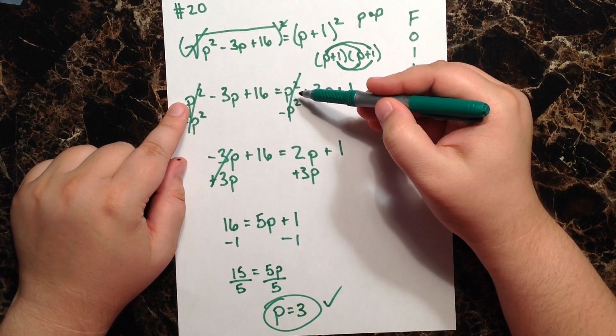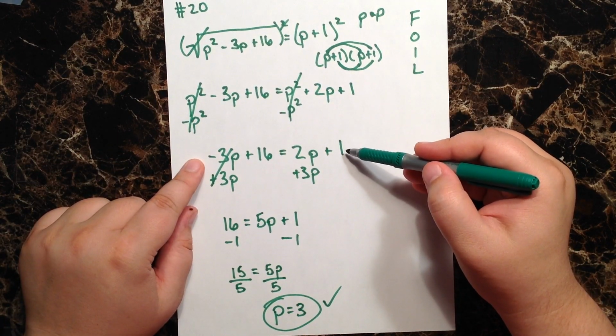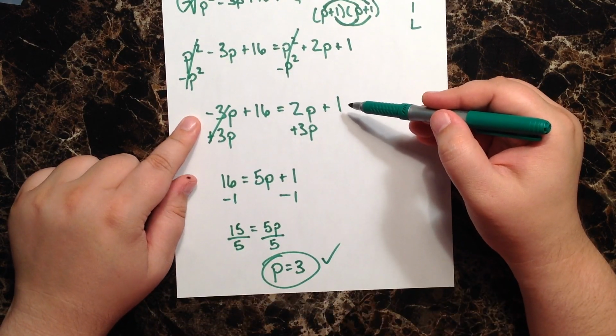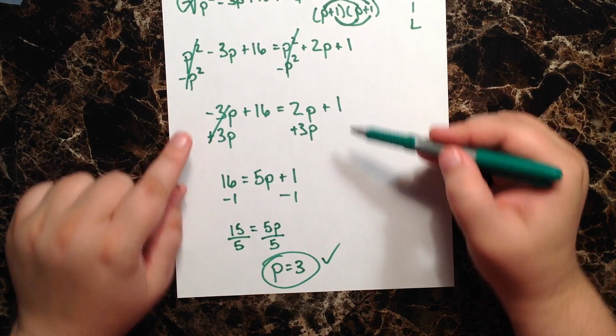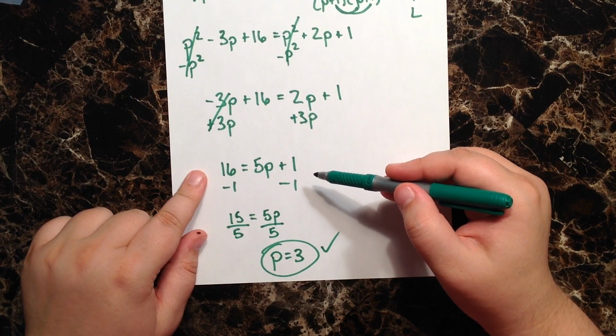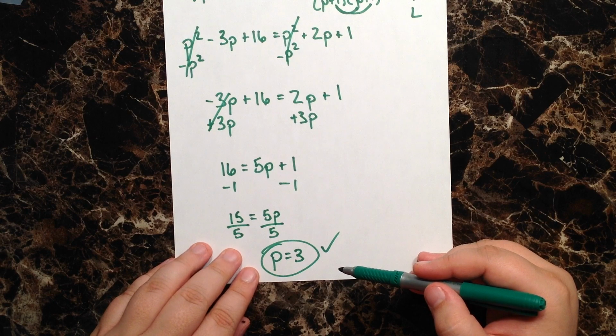In this case, our p squareds eliminated, and so we were left with just a simple linear equation. And those, of course, you know how to solve. You're just solving for your variable. So get your variable to one side of the equation and solve. And in this case, our solution was p equals 3.